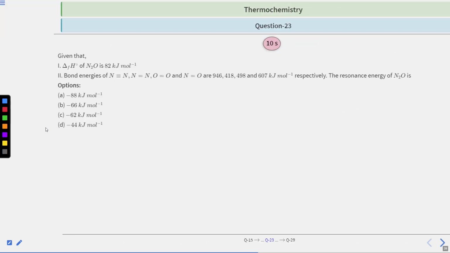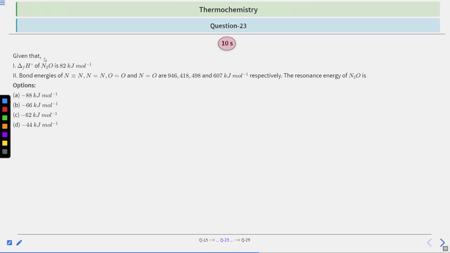Okay, let's move to question number 23. Given that enthalpy of formation of N2O is 82 kilojoule per mole, bond energies of N triple bond N, N double bond N, O double bond O, and N double bond O are 946, 418, 498, and 607 kilojoule per mole respectively.